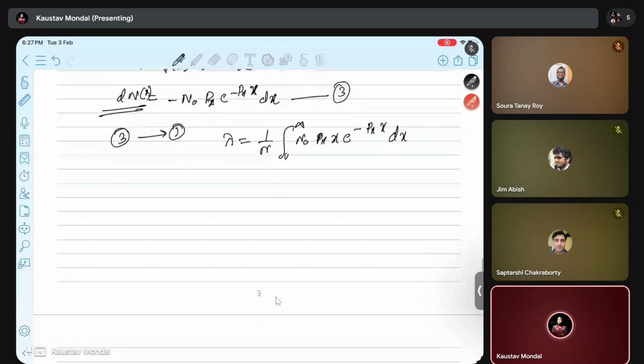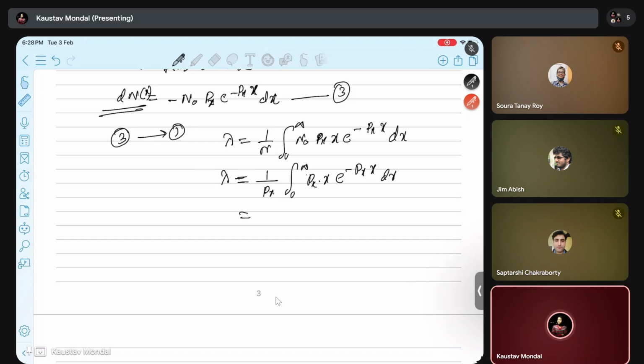If you do the integration simply, it gives you 1 by P(x), integral from 0 to infinity of P(x)x e to the power minus P(x)x dx.